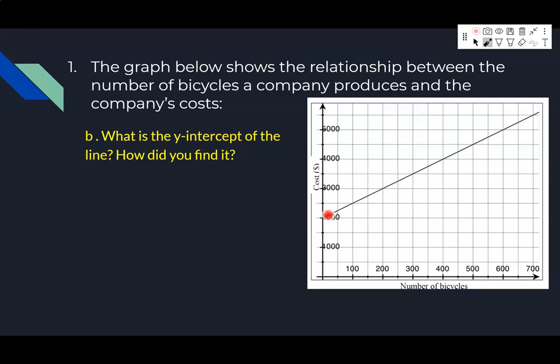Oh, it crosses the y-axis at the point (0, 2000). So that is the y-intercept. Again, don't forget the y-intercept refers to where a line crosses the y-axis.